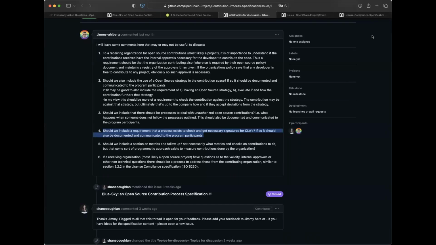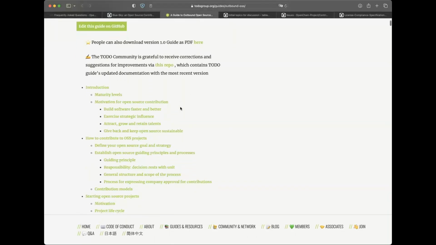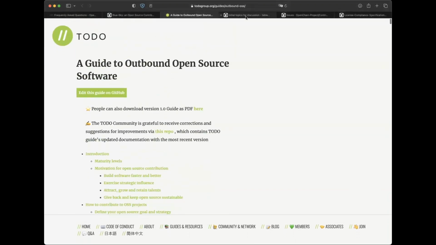Yeah, absolutely. We need to have ways to touch on these topics like export control and so on. Our challenge will be to brainstorm language and then double check that we're not contradicting what other people have said, like the TODO group.